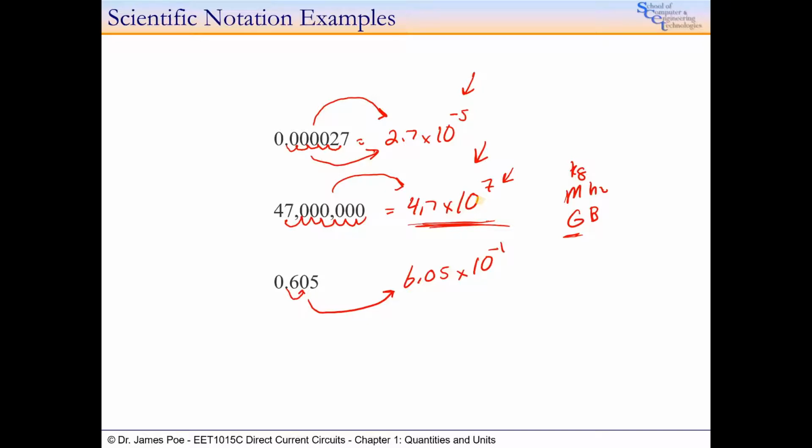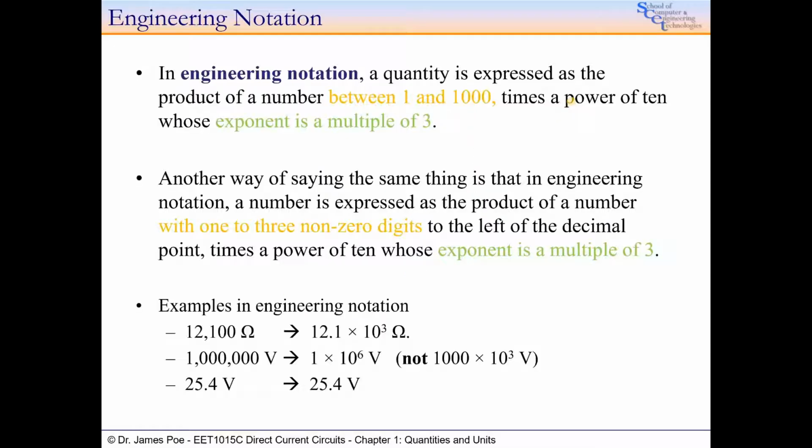The problem is if we use scientific notation, since it can be 10 to the 1, 10 to the 2, 10 to the 3, we'd have to memorize like 20 different prefixes. We're engineers. We're lazy. That's like our job description, is make the world lazier. Make everything easier. So instead, we use engineering notation. It works exactly the same. The only difference is this exponent can only be multiples of 3.